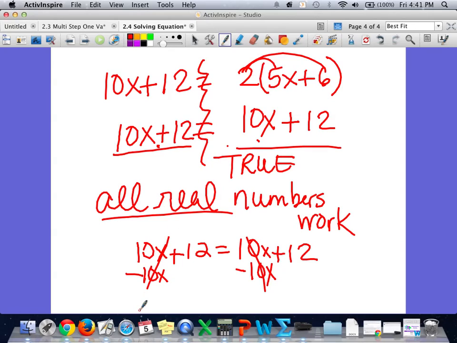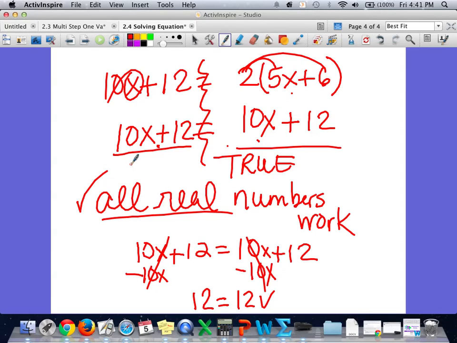That leaves me writing 12 equals 12. Then you got the true statement, and therefore all real numbers work. So that means any number I plug in for x on one side and plug that same number on the other side, any number will work. It doesn't matter if it's a negative 1,000,000, 2,000, or whatever, it will work. Okay, so that is one of the scenarios that you might have as an all real answer.